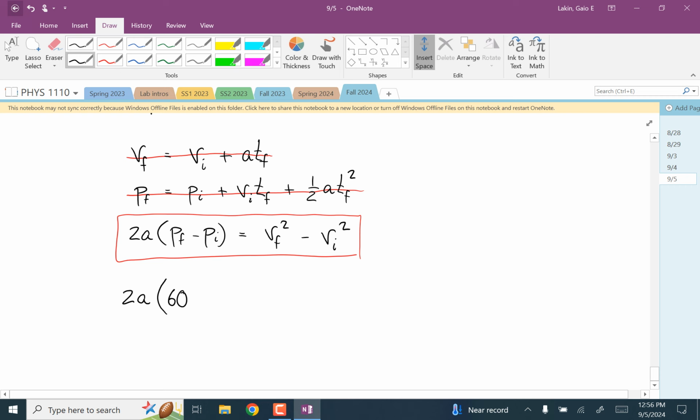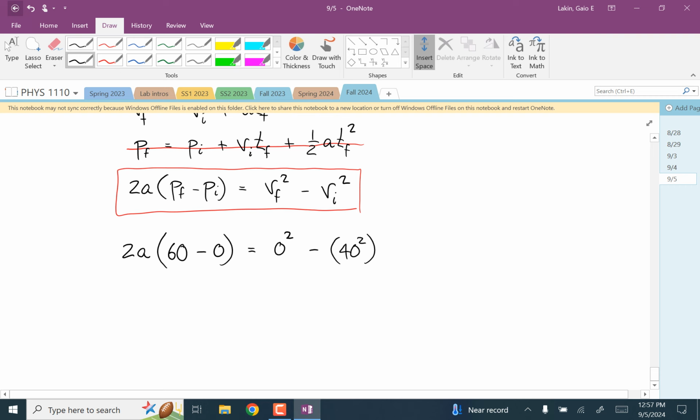So I'm just going to do these with numbers, and then give the correct units for the thing I'm trying to solve for at the end. Okay, so this is 60 minus P initial, which is 0. And that's equal to 0 squared minus 40 squared. Multiply out the left side and you get 120A is equal to negative 1600.